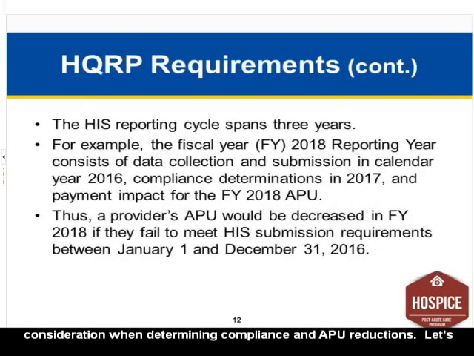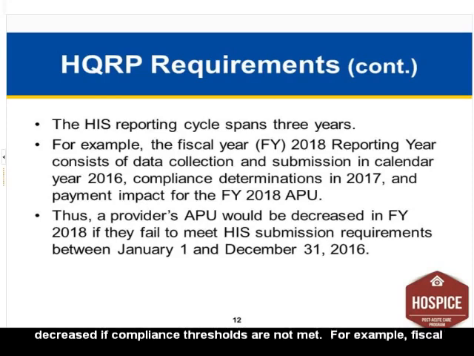Let's take a minute to understand the sequence of events that occur with HIS data. HIS reporting activities currently operate on a cycle of HIS data collection and submission, compliance determinations, and payment impact that spans 3 years. HQRP reporting years are referenced by the relevant fiscal year for which the provider's APU would be decreased if compliance thresholds are not met.